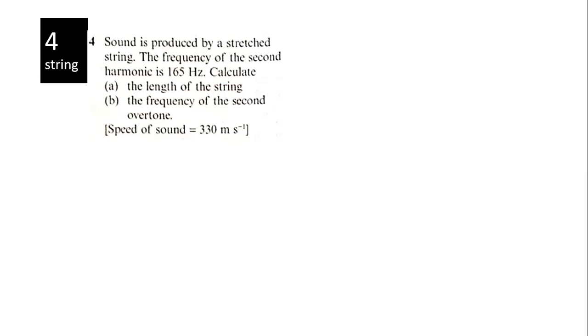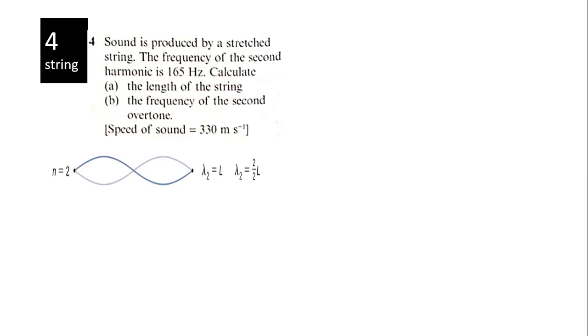You have to start reviewing it already. If not, you are going to lose out. How to calculate the length of the string? I must know the shape, the second harmonic.